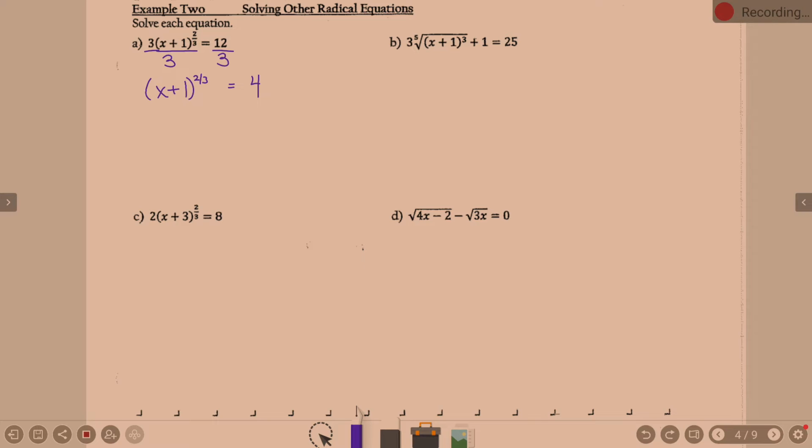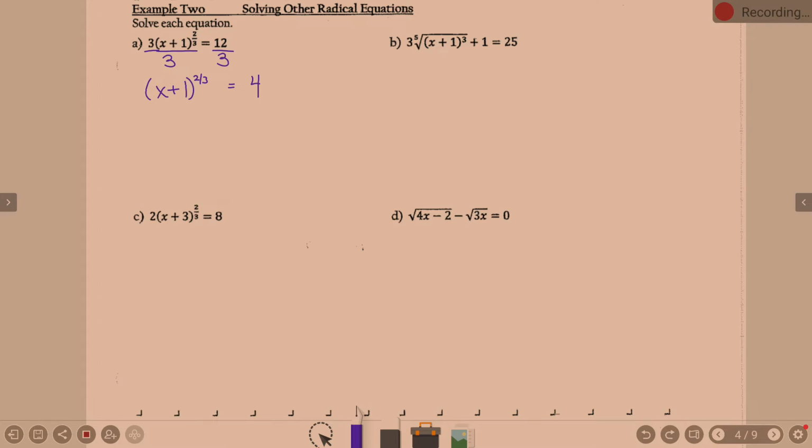So just like the last one, is my radical isolated now? It's not a radical, it's parentheses with a fraction exponent, but it's isolated. Now, we're going to raise this to a power. When we raise a power to a power, we multiply them.